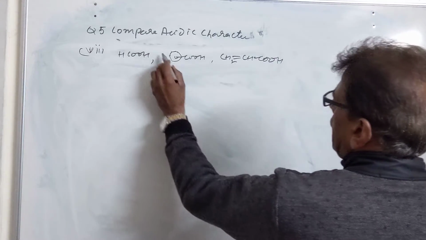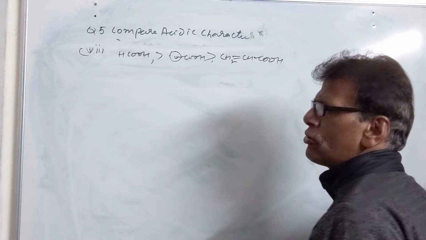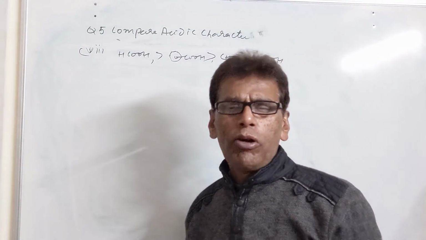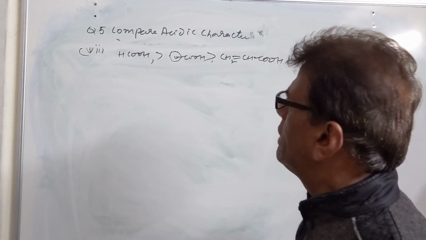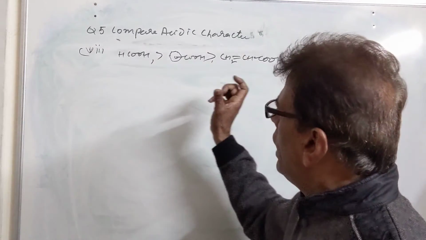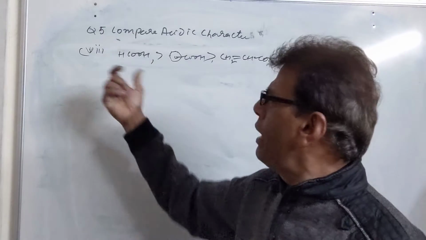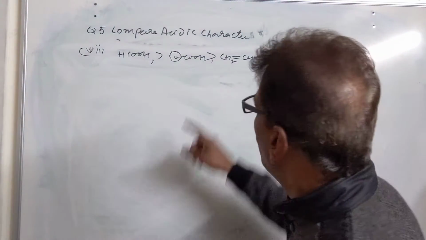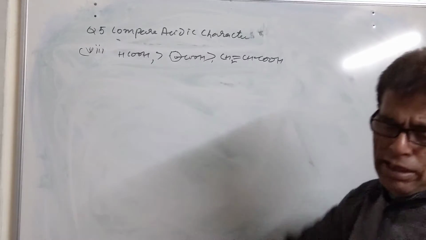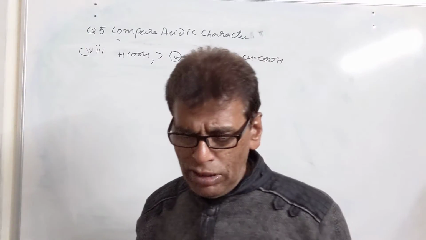The order of acidic character is like this: formic acid is a stronger acid as compared to benzoic acid, as compared to propanoic acid. The reason is that these groups have more electron repelling character as compared to hydrogen. That's why the OH of these acids will be less polar as compared to formic acid. That's why formic acid is the stronger acid.